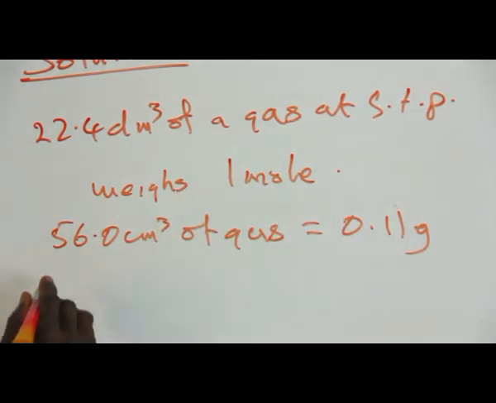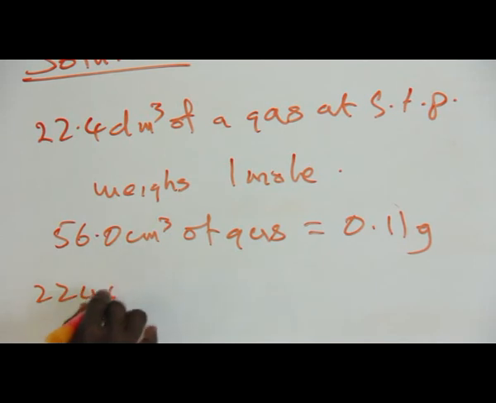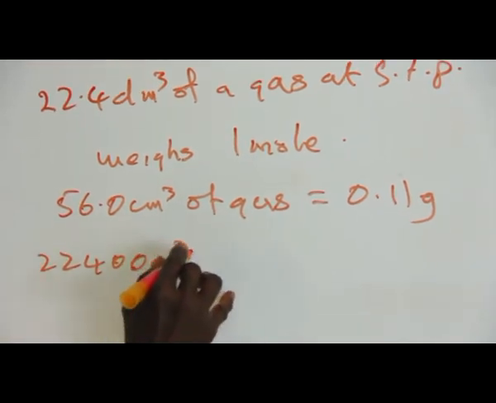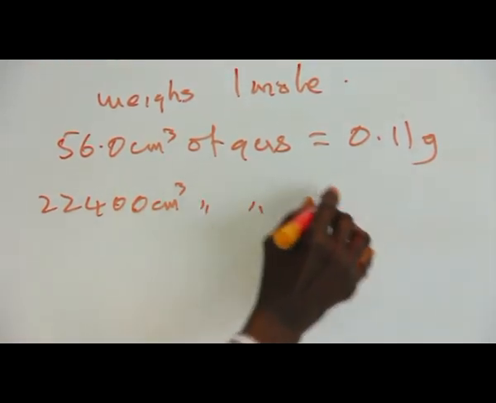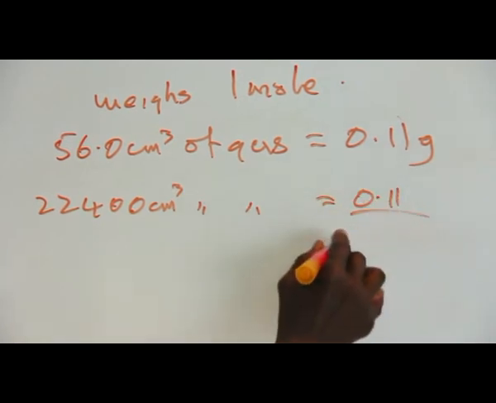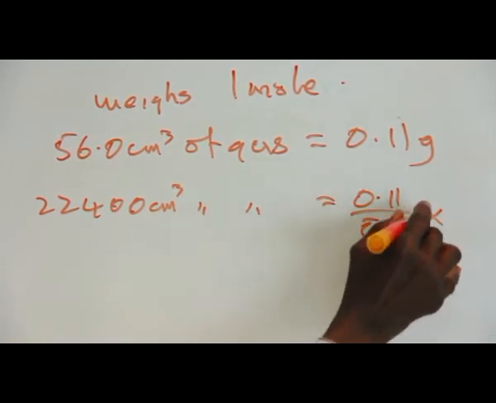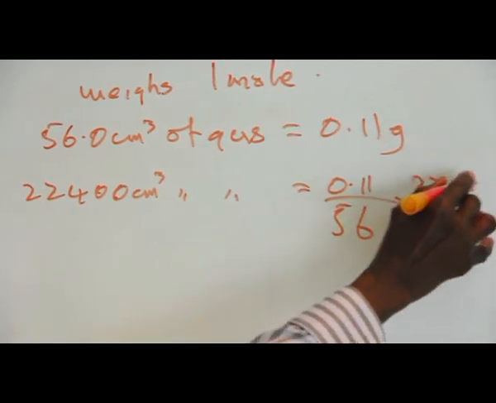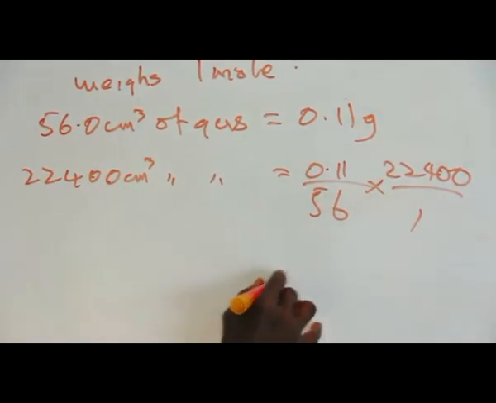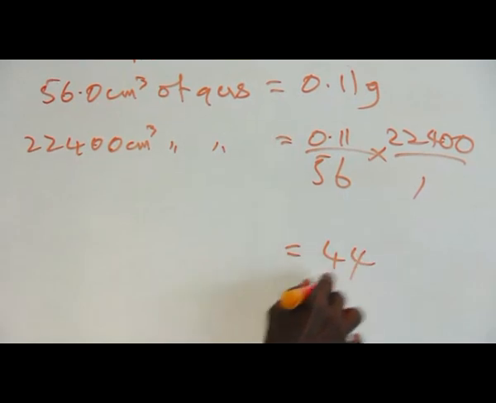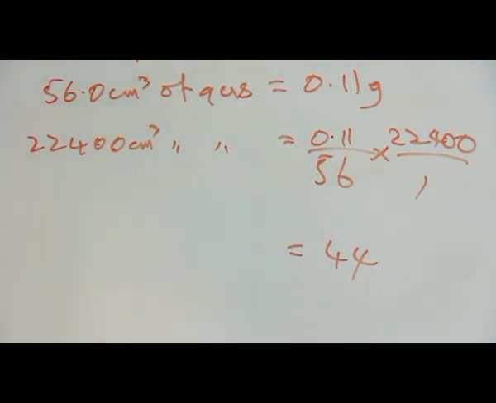So the molar mass will be the mass of 22400 cm³ of gas. It's equal to 0.11 divided by 56 times 22400 over 1. And this gives us 44. So this is the molar mass.